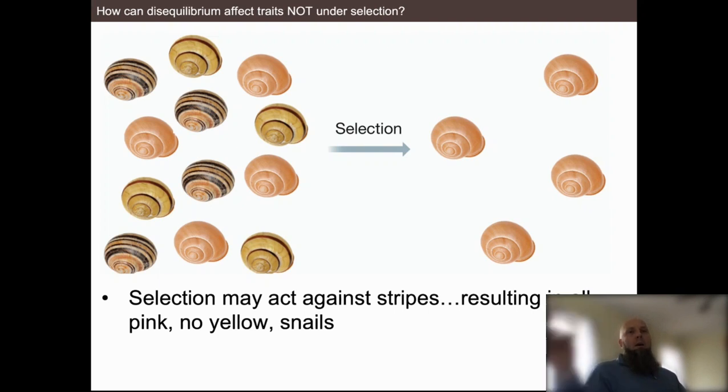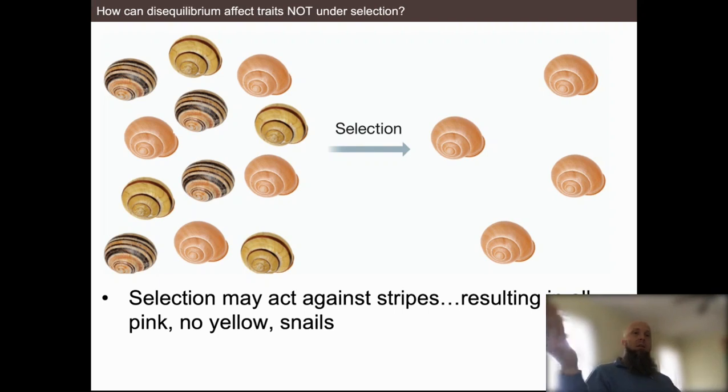Now, in this case, selection is acting against stripes. Predators eat all the individuals that have stripes because they're easier to see. Well, if only individuals without stripes survive and they have higher reproductive success, what's going to happen is the population ends up having no stripes.